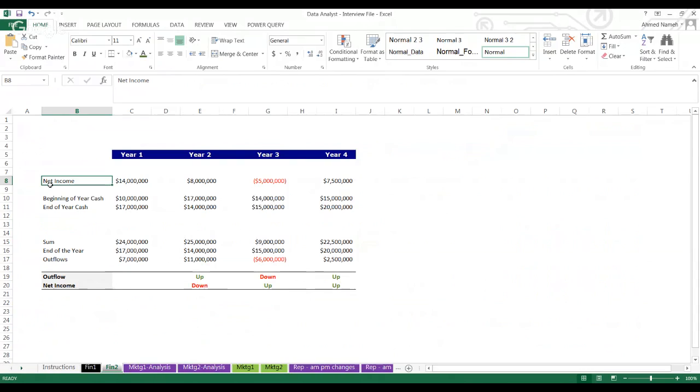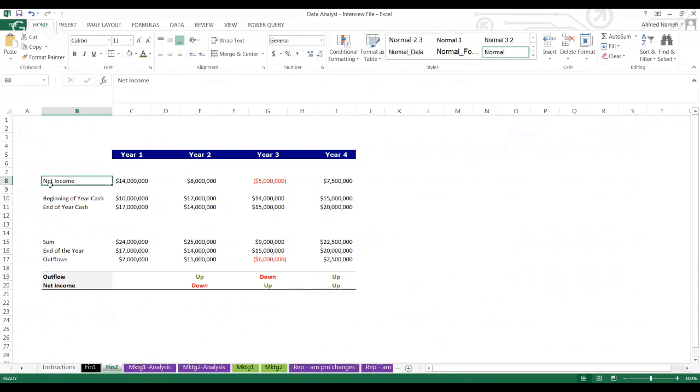For example, depreciation on an asset that you may have purchased will impact your net income. It'll be recognized as an expense on a yearly basis, whereas it will not impact your cash flow except at the onset, when you actually purchased the asset and made the cash payment. So that's one example where the two differ.